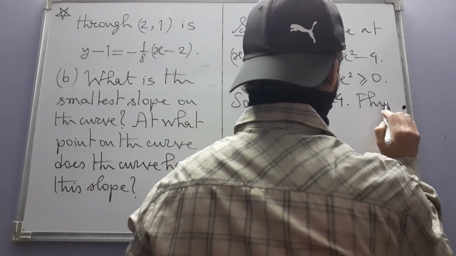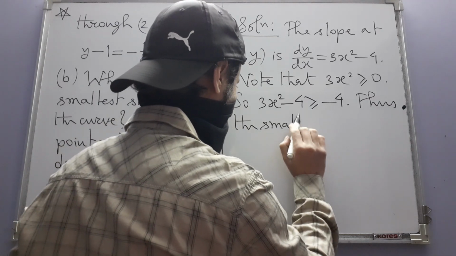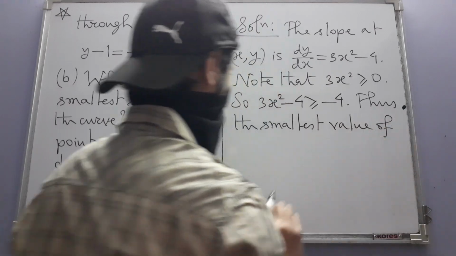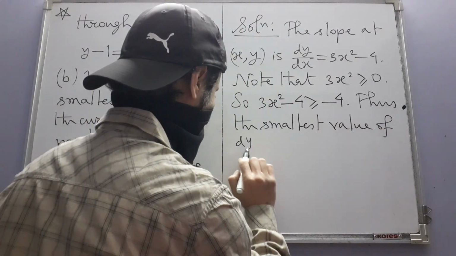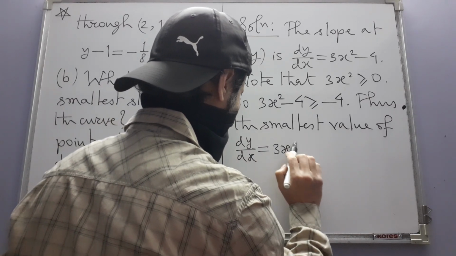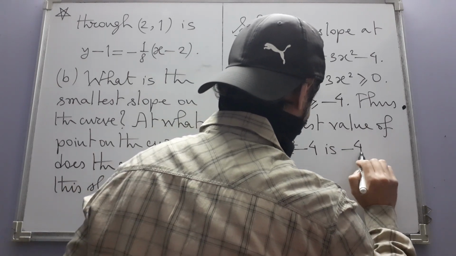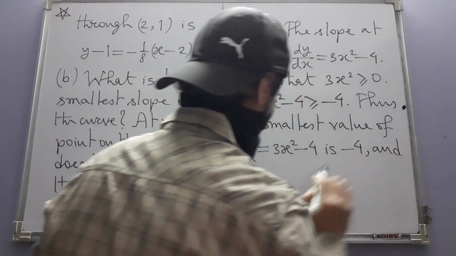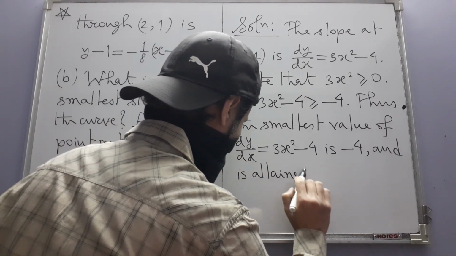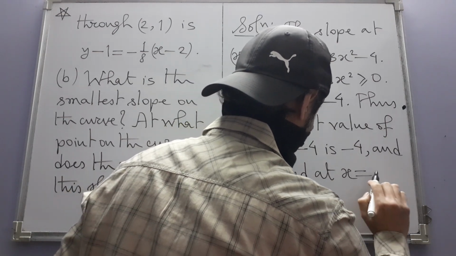Thus, the smallest value of the slope is minus 4 and is attained at x equal to 0.